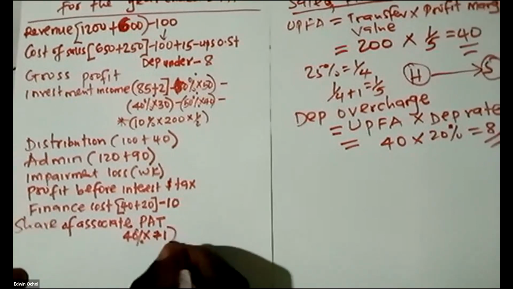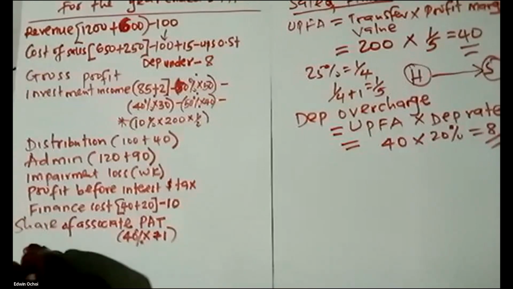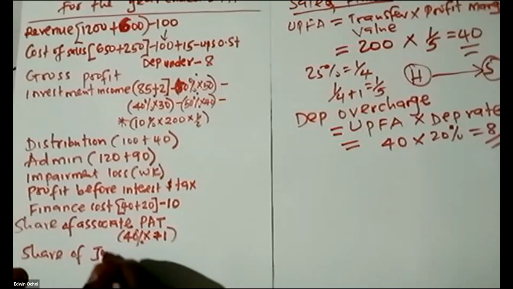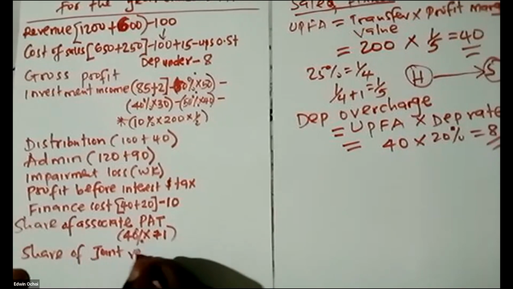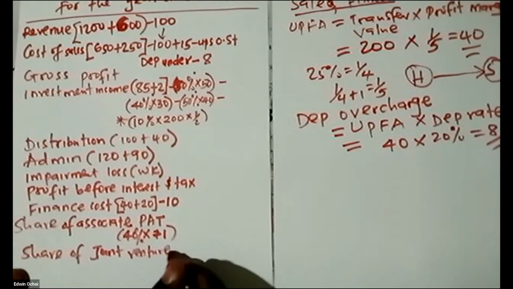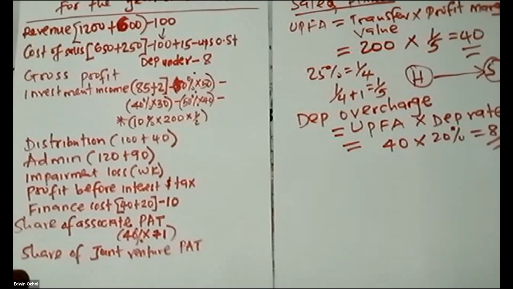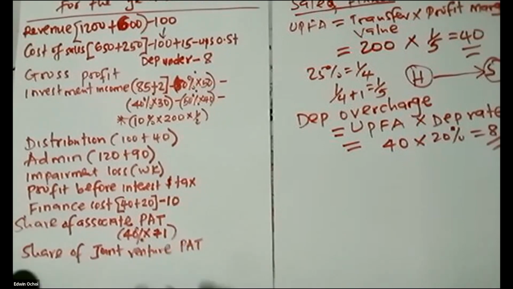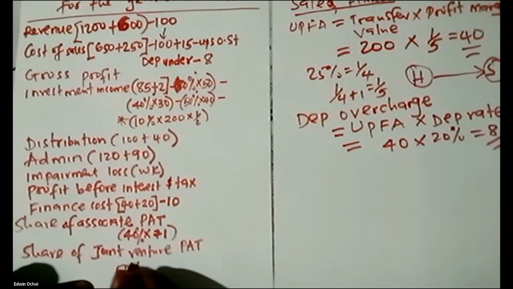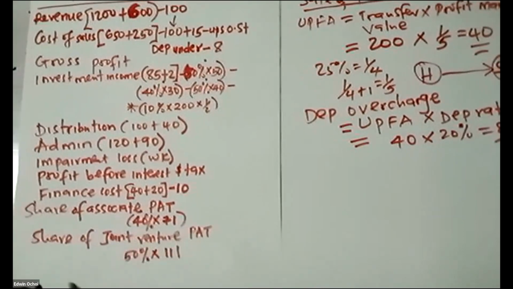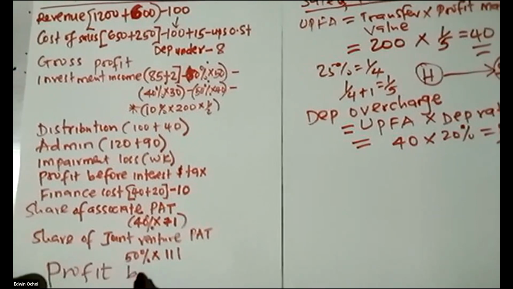And the other one is share of joint venture profit after tax. So that is 50% of 111. So that here I will say profit before tax.